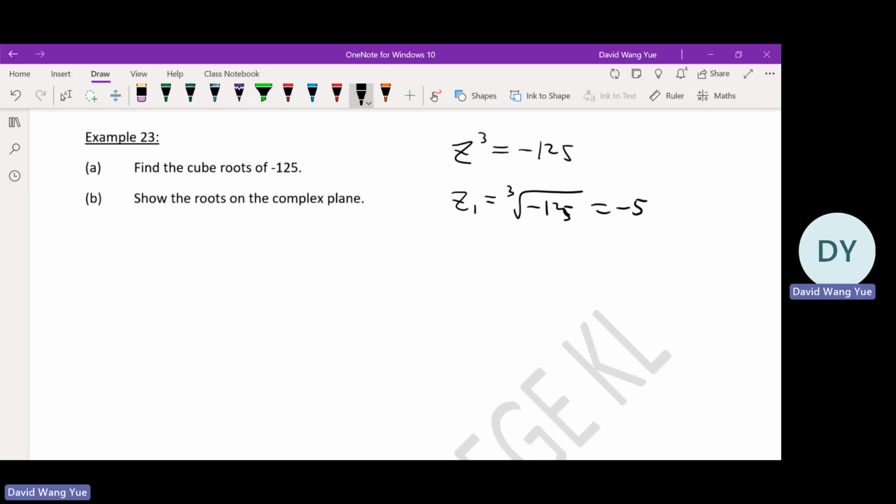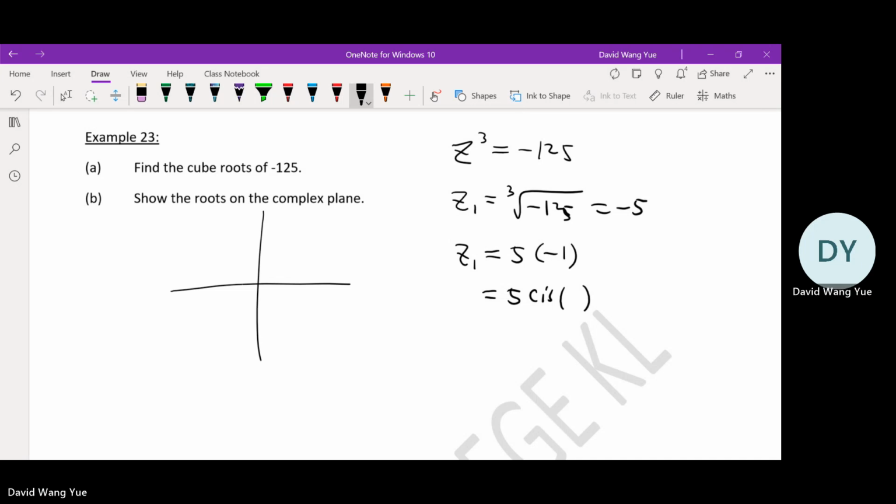Now, let's look at -5. -5 equals 5 times -1. So 5 is, of course, the r, and then -1 is cis pi. Think about the Argand diagram. -1 is here.